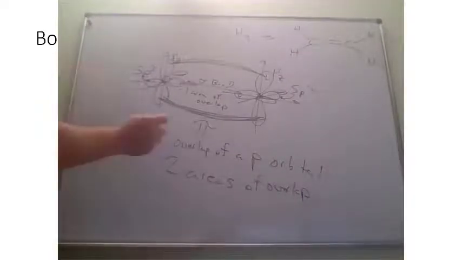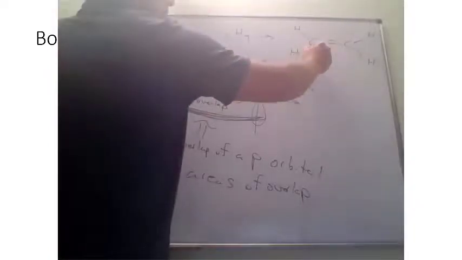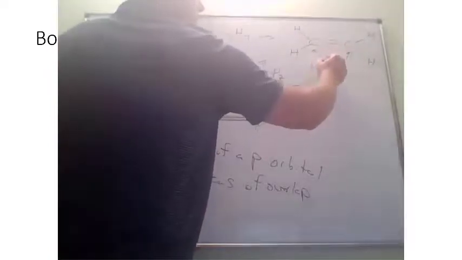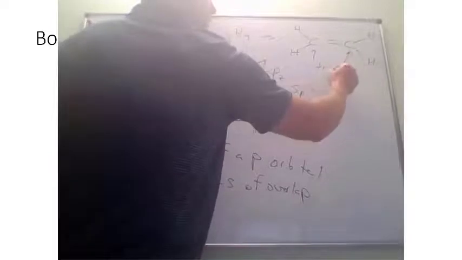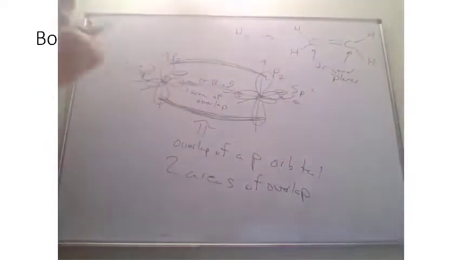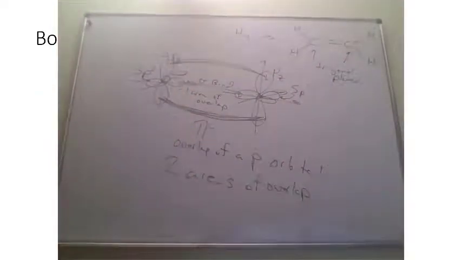And so we have a trigonal planar geometry around each of these individual carbons.